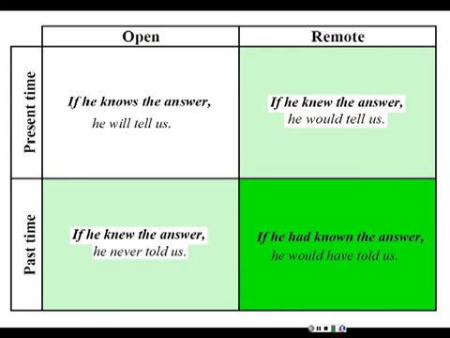Before I leave, I'll also talk about the second clause of each of these sentences. Notice that in the present time open conditional, it has a present tense verb here. By the way, you may have heard that will tell is a future tense. You can watch my other video on why I classify this as present tense. Here we have the past tense of that modal verb, and over here we have the past tense of just an ordinary verb.